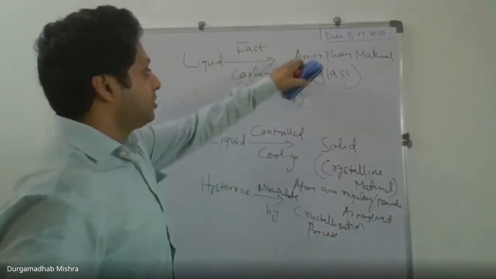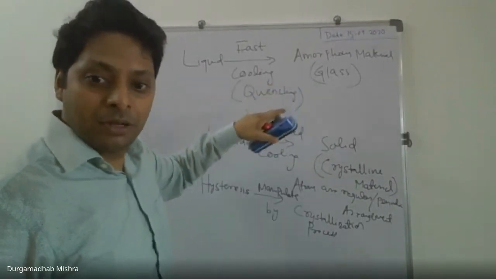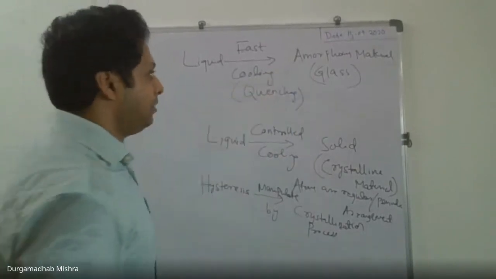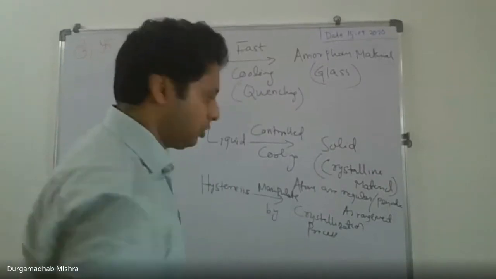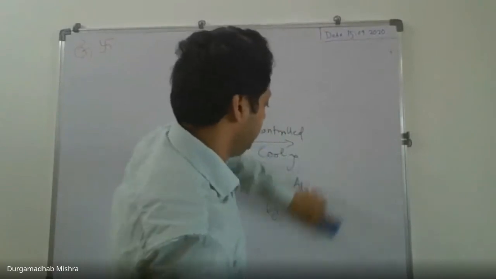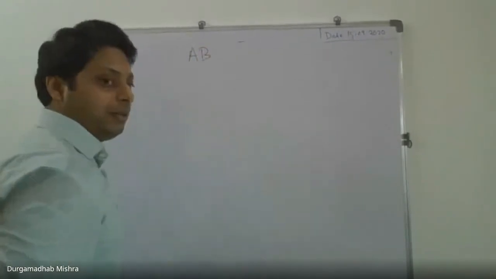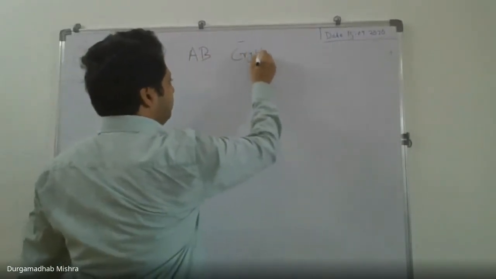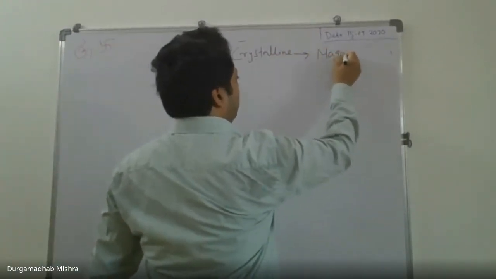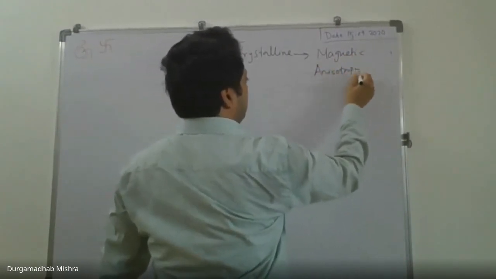Okay, so in both these ways, you can manipulate the magnetic properties. For example, if I take the same alloy, A B alloy, and I have it crystalline, the magnetic anisotropy is high.